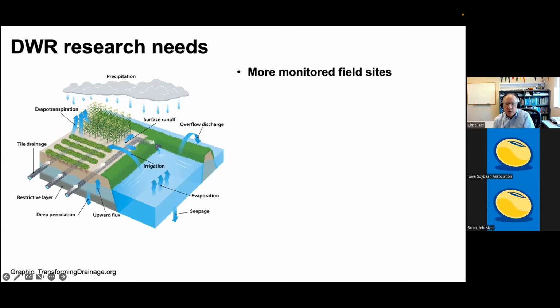So working again with Iowa State and then the Iowa Department of Ag, we've got a site that is now up and running in Calhoun County, another one that's close to being ready in Webster County, with the potential for adding even a few more new sites to be able to research this here in Iowa to get a better idea of what it looks like within Iowa.